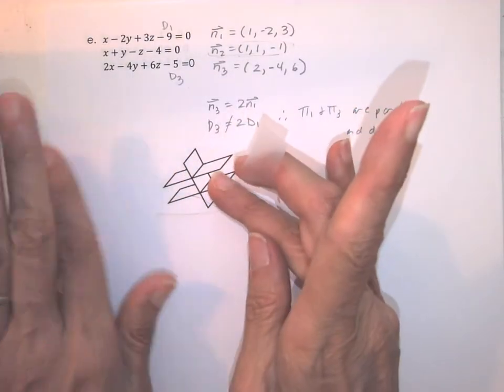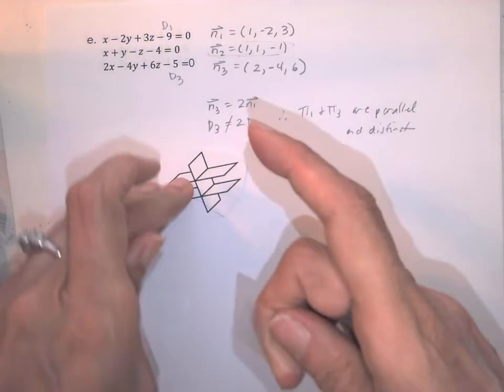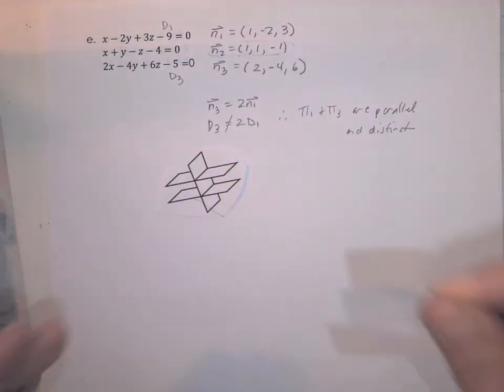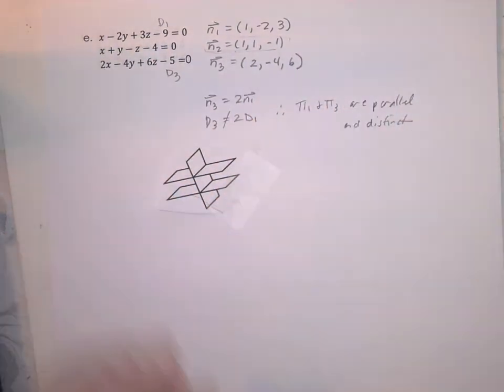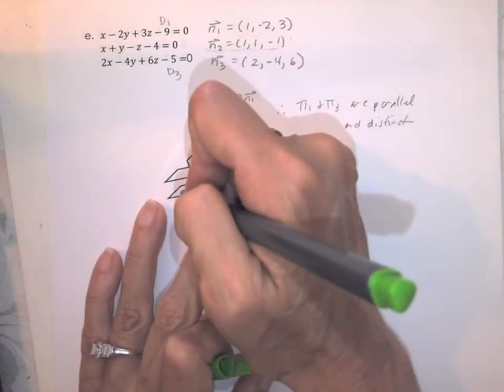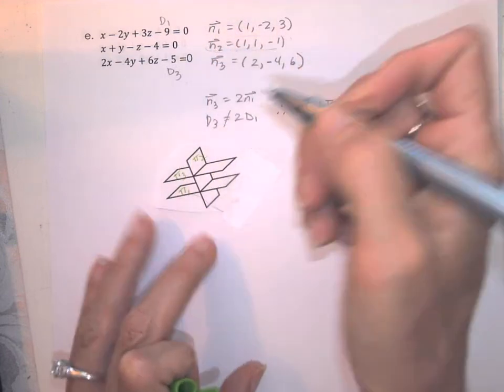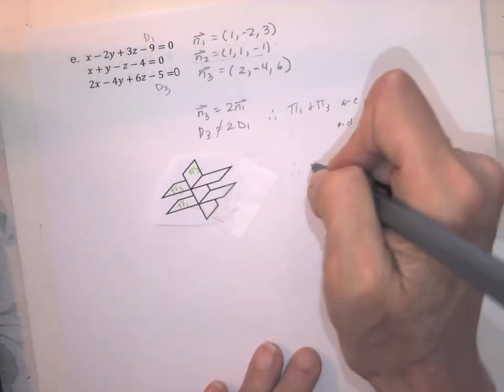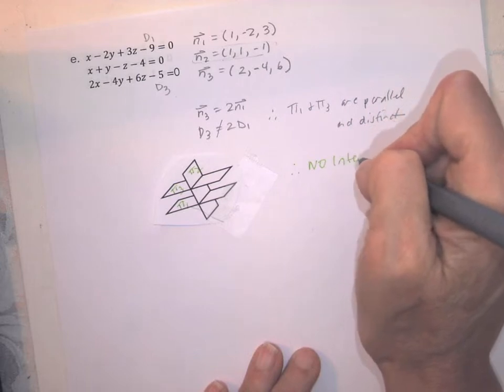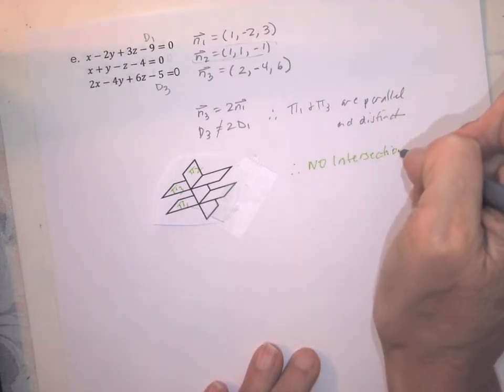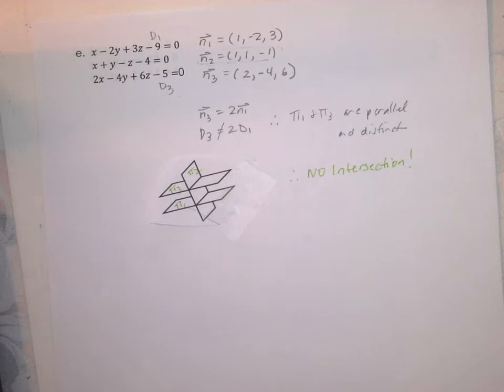So our therefore statement is going to be: therefore there's no intersection. In this case, this could be pi1 and pi3, and this is pi2, but there's no intersection of all 3. We did all that just using normal analysis and analyzing our D values. We didn't have to use the matrix at all for that one.